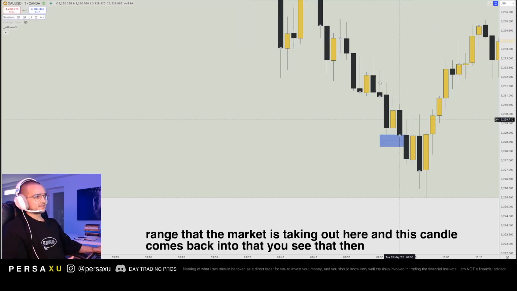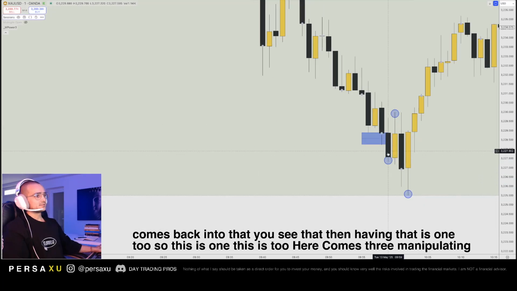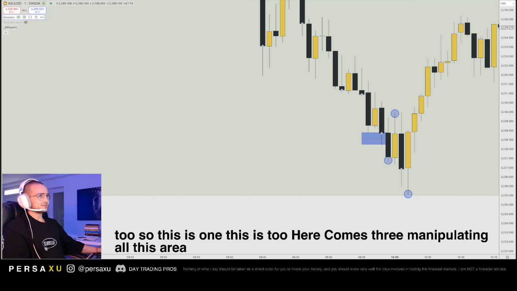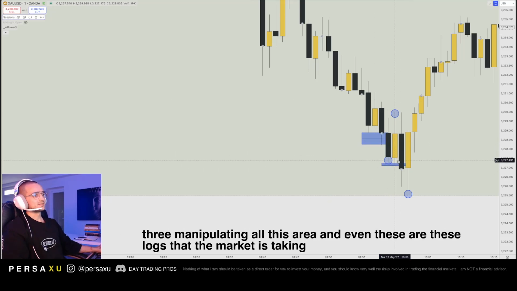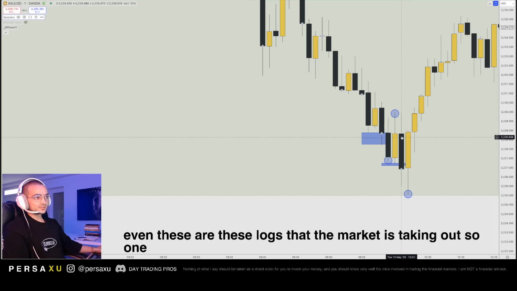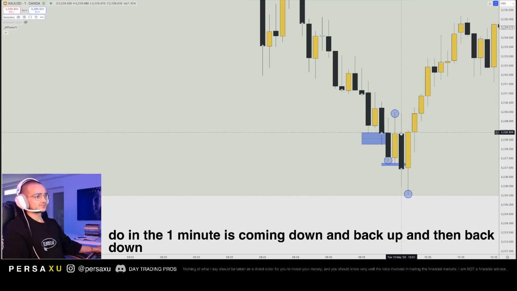Then having that as 1, 2. So this is 1. This is 2. Here comes 3, manipulating all this area, and even these lows that the market is taking out. So as this candle in the 1 minute is coming down and back up and then back down, that's 1, 2, right?